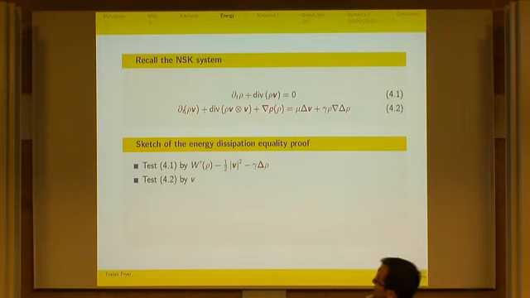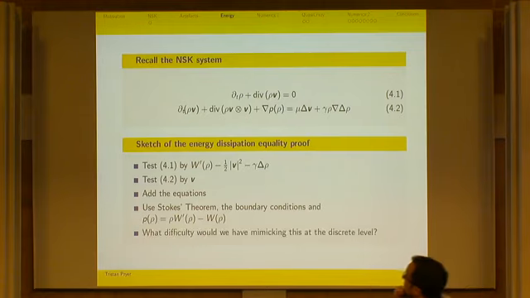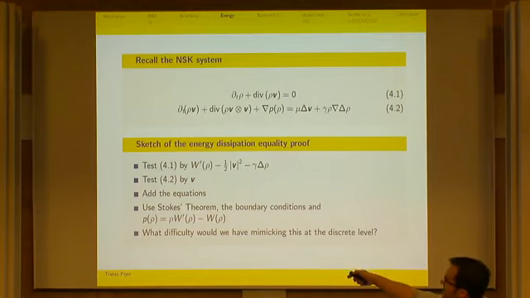But I test the second equation with the velocity. I add the two up. I play around. I use Stokes' theorem. I use the boundary condition. I make things disappear. And I'm done. So if I was trying to do this in a finite element context, what difficulty would I have in doing this? Which one of these steps can I actually not mimic at the discrete level?